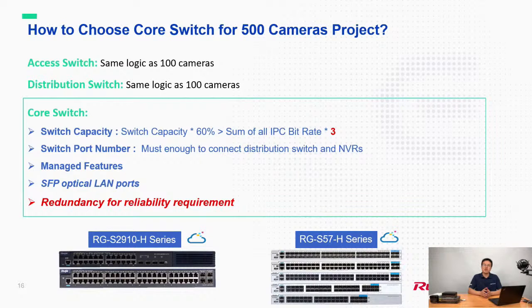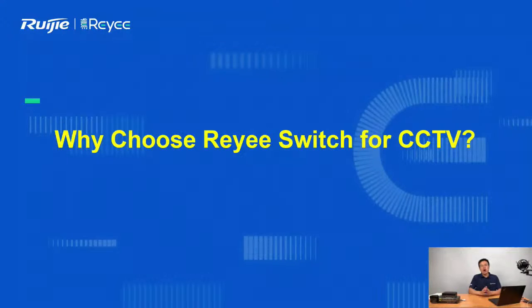For the access switch, we just consider three conditions. The first one is bandwidth. The second one is port number, and the third one is the PoE budget. Okay. So next, I want to discuss why we suggest Reyee switch for CCTV.